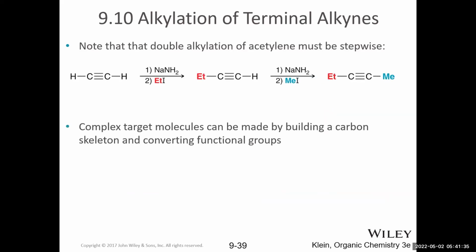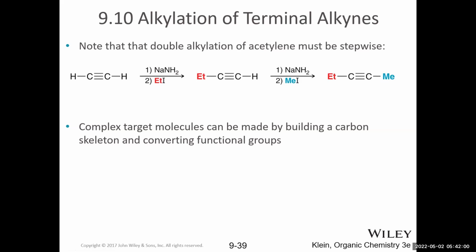So here's a double alkylation of acetylene. It must be stepwise. You can see first they added an ethyl with ethyl iodide, then they added a methyl with methyl iodide. Both of those are unhindered alkyl halides, either methyl or primary. So great substrates for this reaction. And we've gone from something that only has 2 carbons to now something that has 5 carbons.